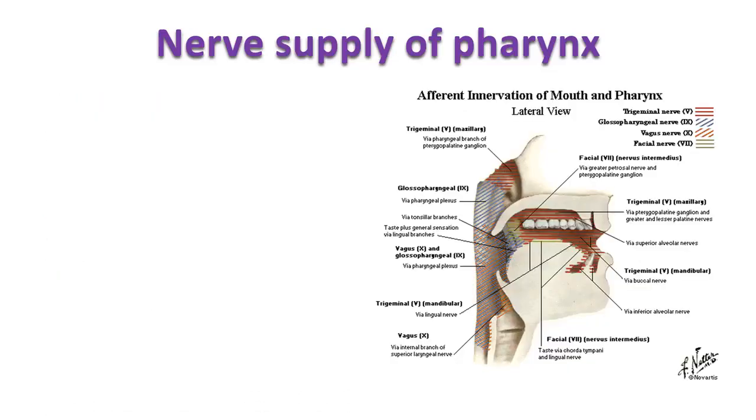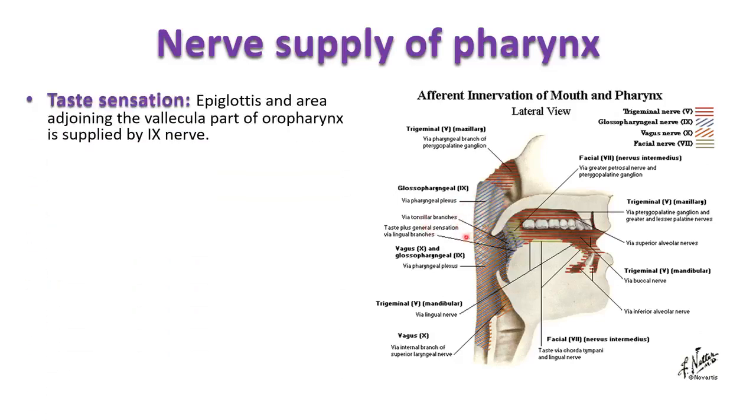Okay, so here you are able to see that the oropharyngeal part is supplied by the glossopharyngeal nerve, which is also responsible for taste sensations in the epiglottic area and the adjoining area, because the posterior part of the tongue is supplied by the glossopharyngeal nerve. Naturally, it also supplies taste sensations of that epiglottic area. Sensory supply to the oropharynx is by the glossopharyngeal nerve. The nasopharynx above is mainly by the pterygopalatine branches.